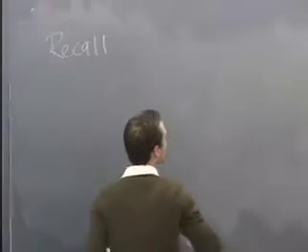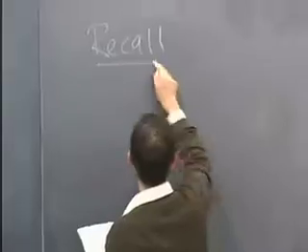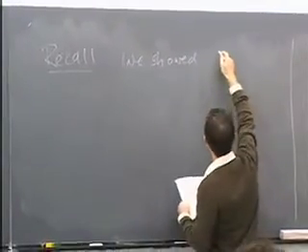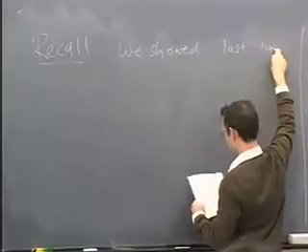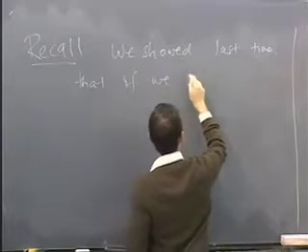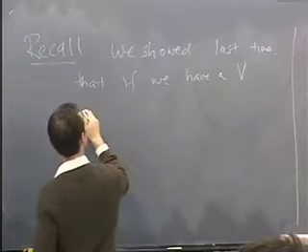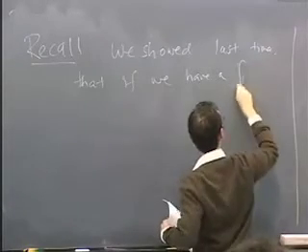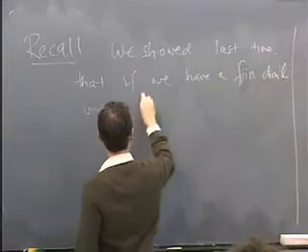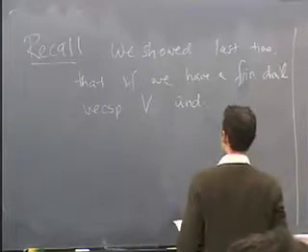So, recall what we did last time, where we sort of left off. We showed that if we start with a finite dimensional vector space, and a linearly independent subset of that vector space.